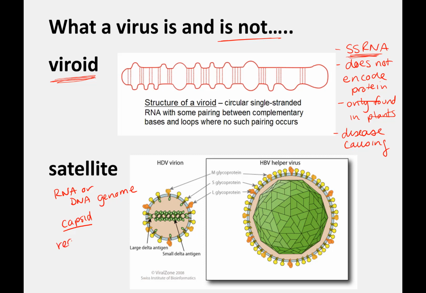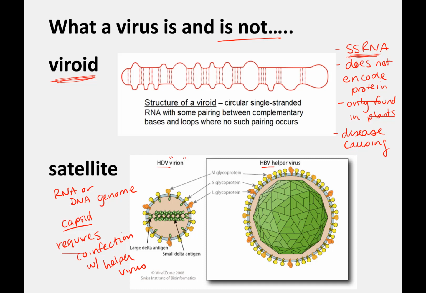It requires co-infection with what we call a helper virus. So this is the hepatitis D virion, and it must be infected in the same cell with hepatitis B.